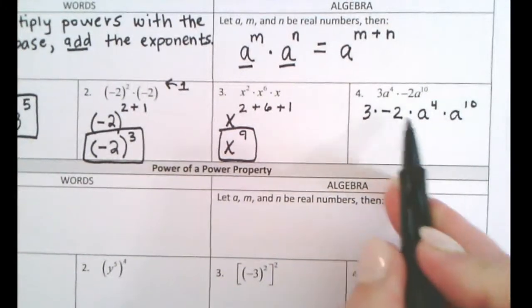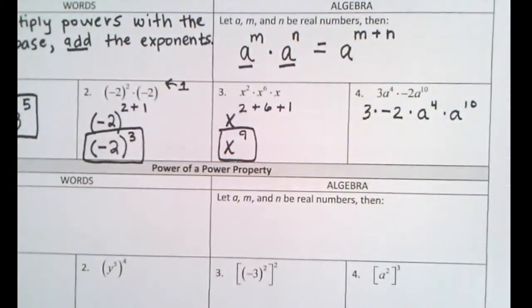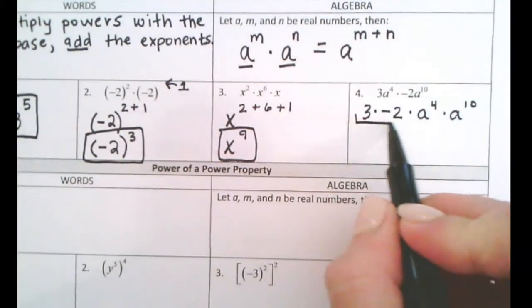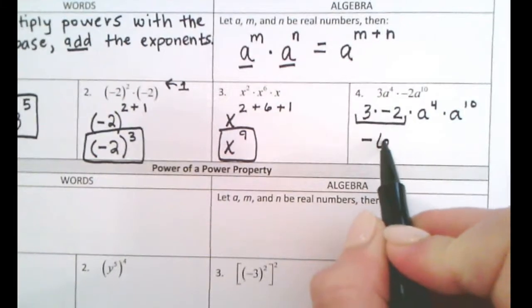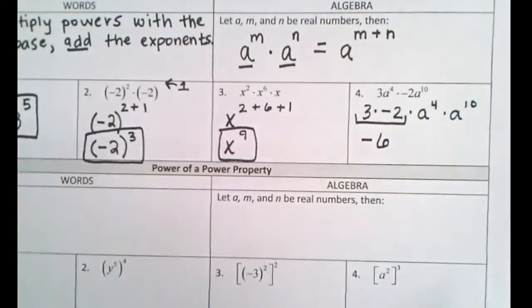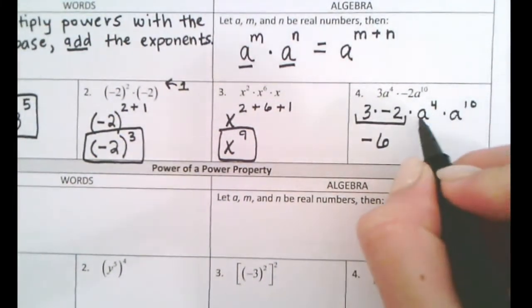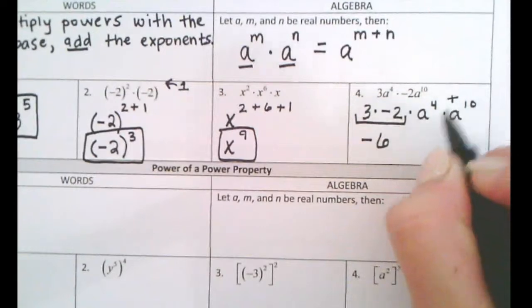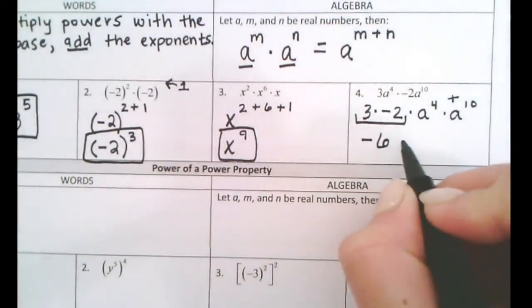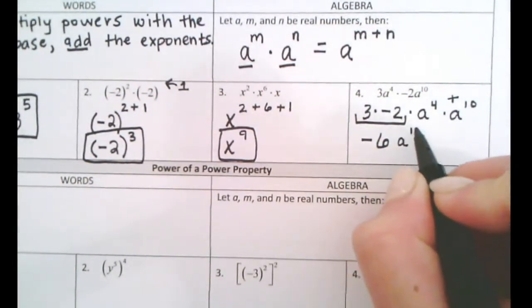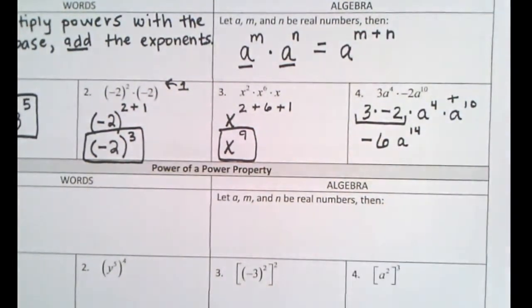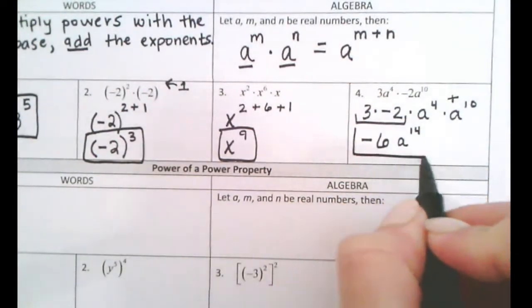All I've done is rearrange my multiplication. 3 times negative 2 is negative 6. And the last thing I'm going to do here with same base, I'm going to add my exponents. So this becomes a raised to the 14th. And I am fully simplified.